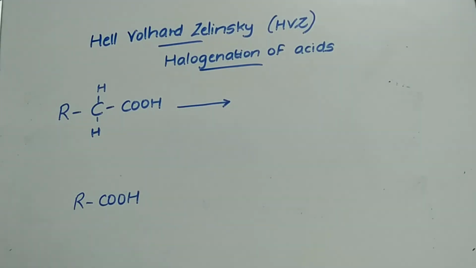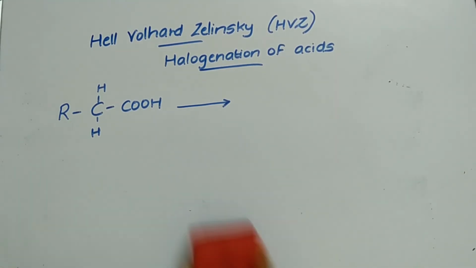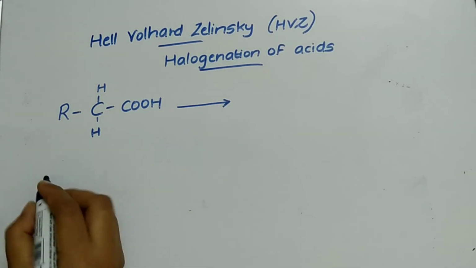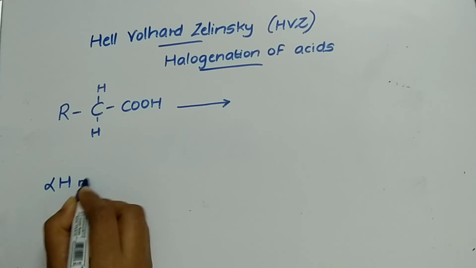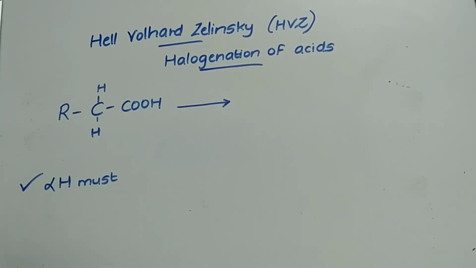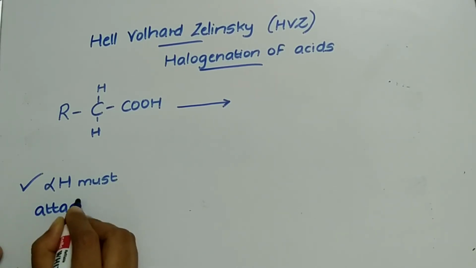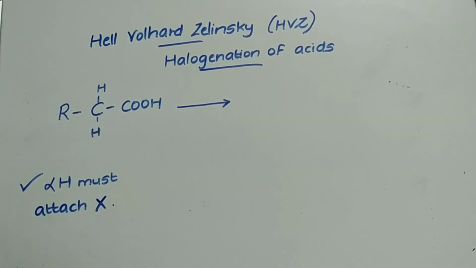We are taking this acid because it's a name reaction in which alpha hydrogen is a must. There should be a presence of alpha hydrogen, and you have to remove this alpha hydrogen and attach a halogen. This is what happens in this reaction.